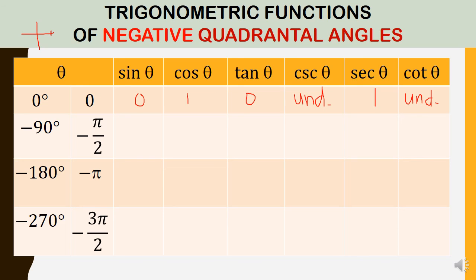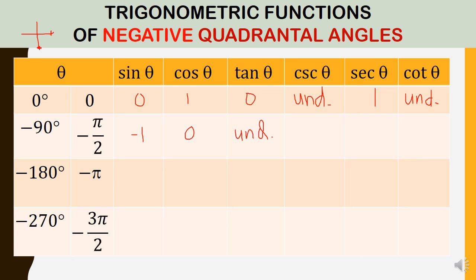Okay? And then for the negative 90 degrees, we are considering this point here. On the negative y-axis, that is the point 0, negative 1. This is 0. This is negative 1. Okay? So, tangent will be sine over cosine, which is undefined. Again, this reinforces the idea that tangent is equal to sine over cosine, and that plays an important role in our succeeding discussions as well.